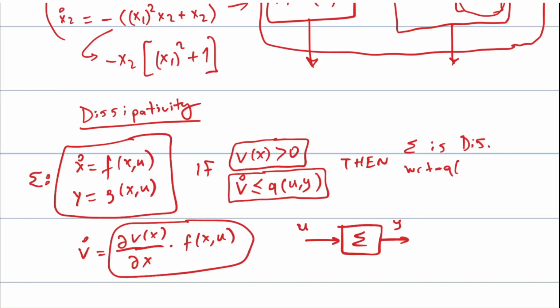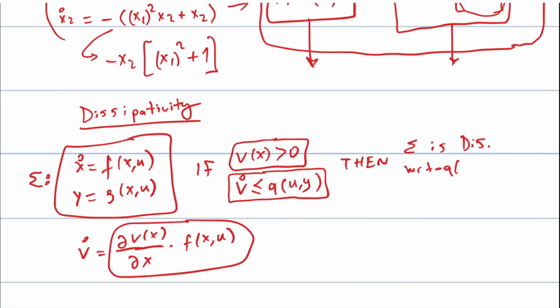And you will have some q function, and the output of this is your supply rate, will be that term. So maybe let's get rid of this.